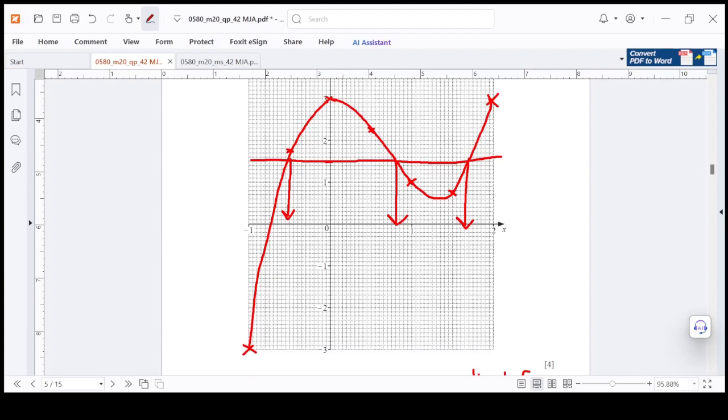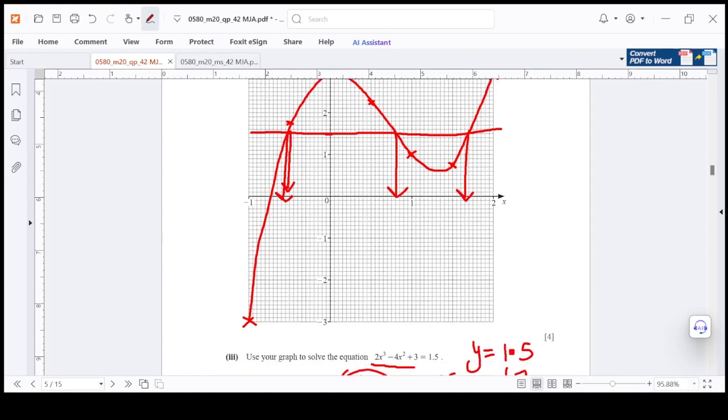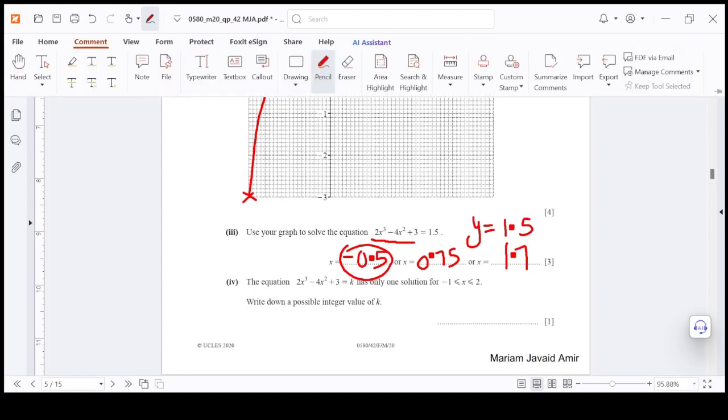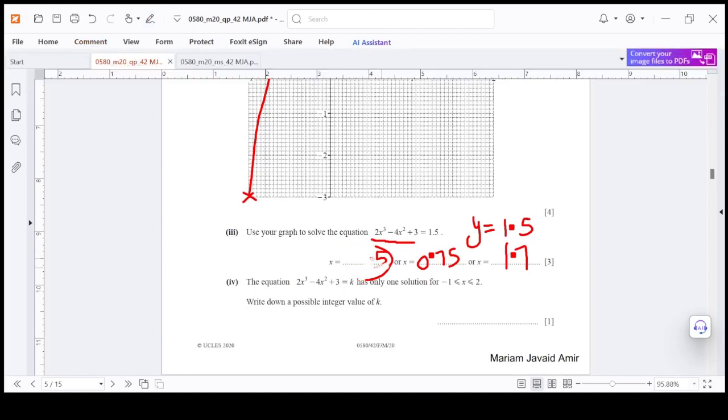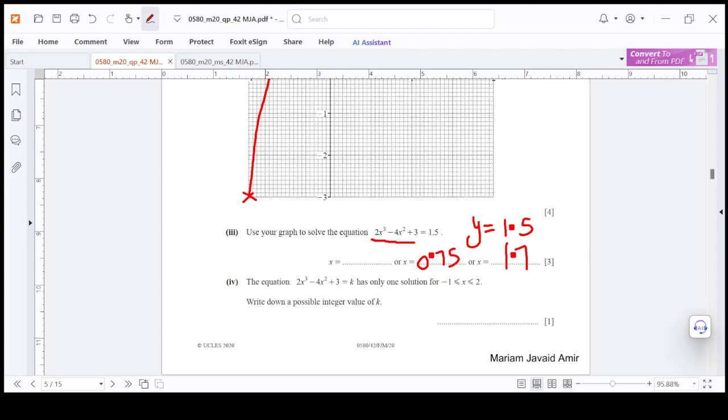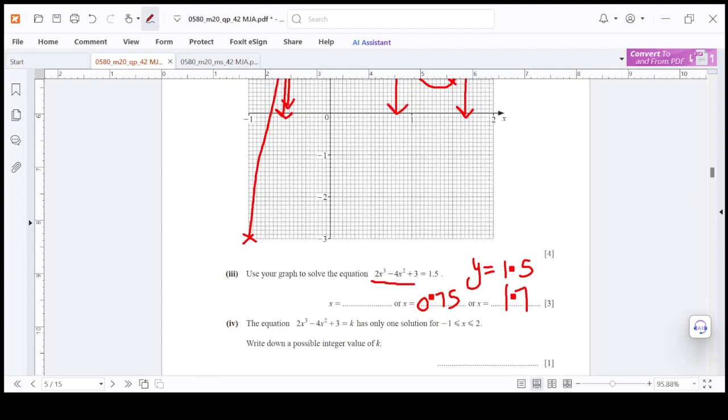Also I can tell that I drew this line downwards a little prematurely. It goes down from here. So it would be a bit bigger than minus 0.5. So I'm going to say it's minus 0.6. If your value does not lie within the given thresholds of the marking scheme, you lose a mark. So let's say it's minus 0.6.